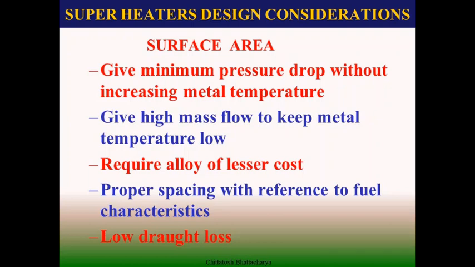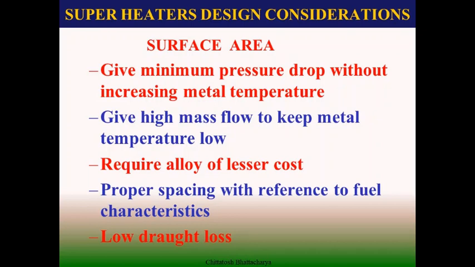In the LTSH portion we have a cross flow arrangement, but in the primary platen and secondary superheater the flow pattern of the flue gas and steam is parallel flow. That means a constant temperature difference is maintained as we increase the steam temperature, and heat absorption is kept at a constant rate.